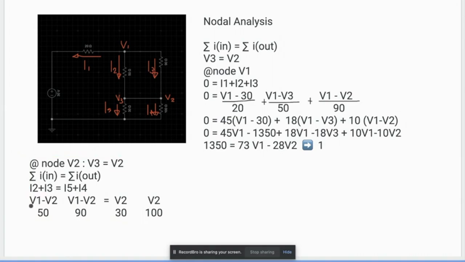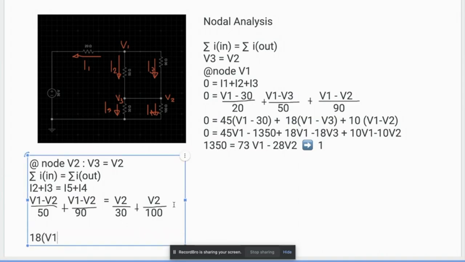Then again, the next step is to make it in a single line only. So that means it will be 18 times V1 minus V2 plus 10 V1 minus V2.